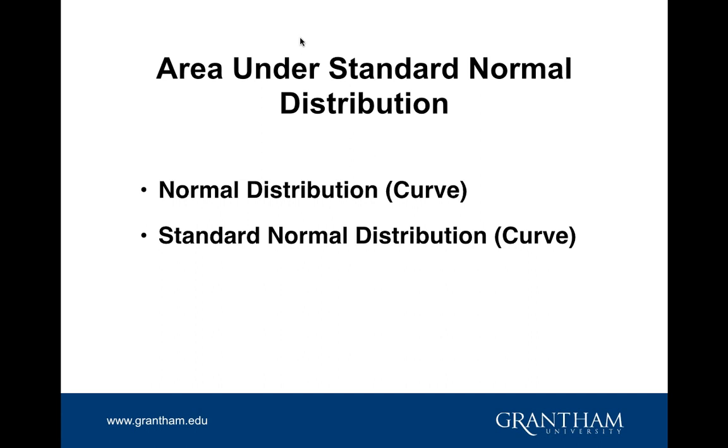In addition, while the normal curve works with the variable x, the standard normal curve almost 100% of the time is denoted by the random variable z. So we're going to differentiate today between the normal curve and the standard normal curve.